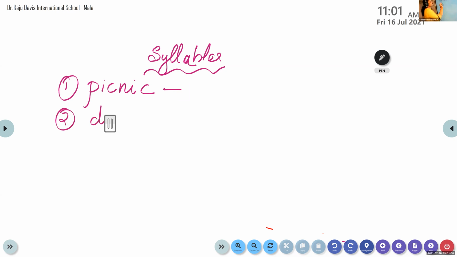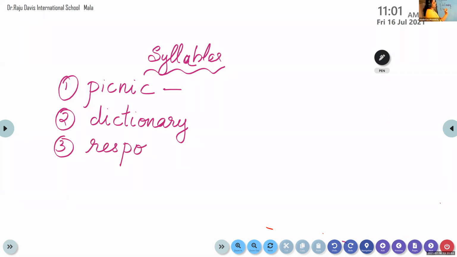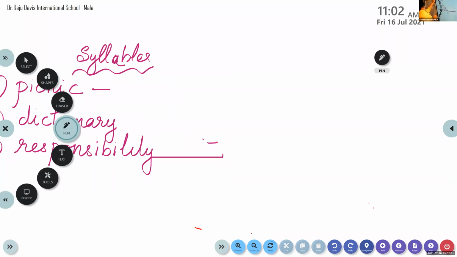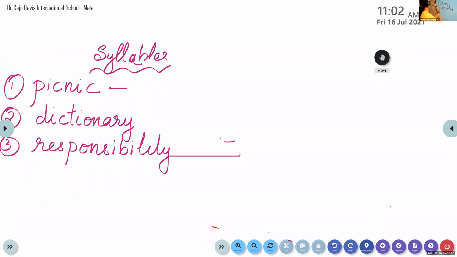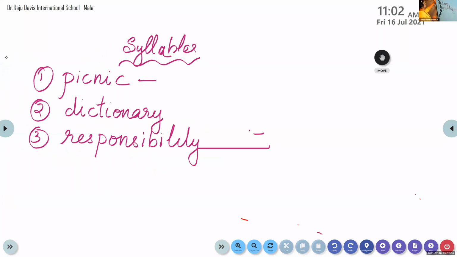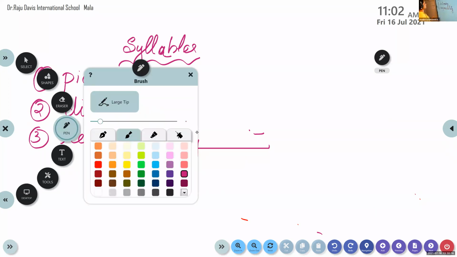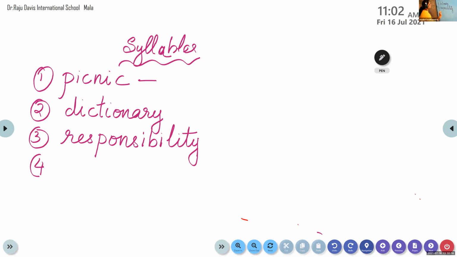Second word, dictionary. See, the word is dictionary. Okay, dictionary. Responsibility. Responsibility. Fourth word, try.